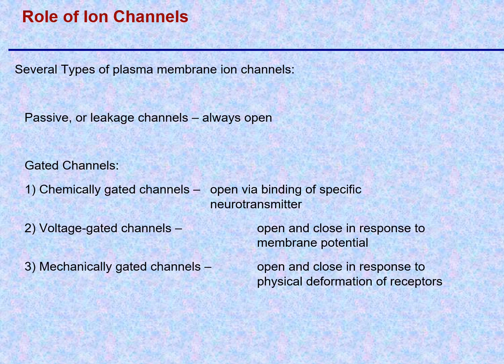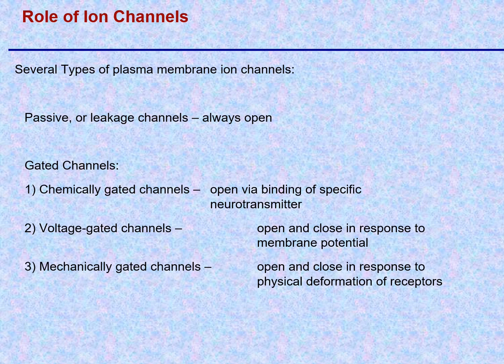If it binds, then the chemically gated channel opens. Voltage gated channels will open and close in response to changes in membrane potential. And mechanically gated ones will open and close in response to physical deformation of the receptor.